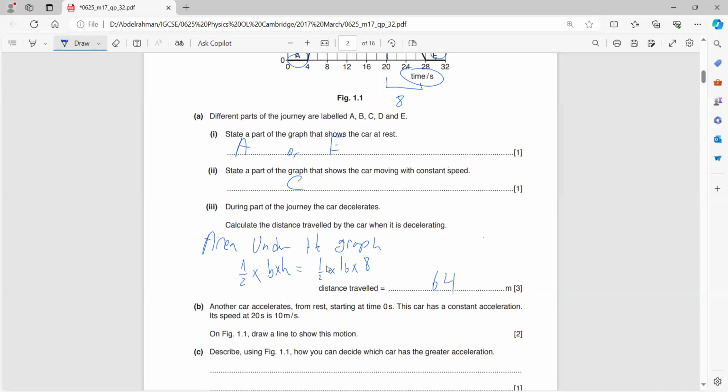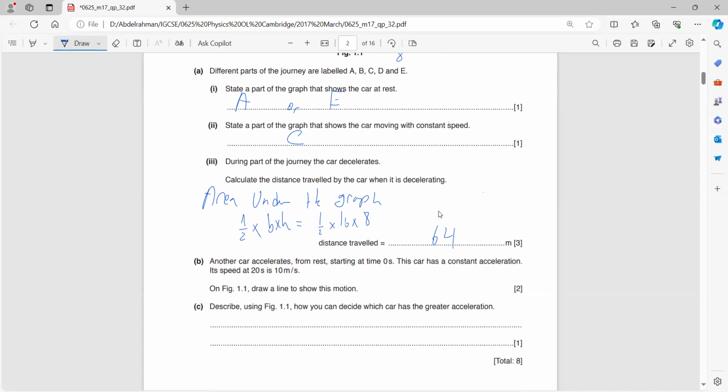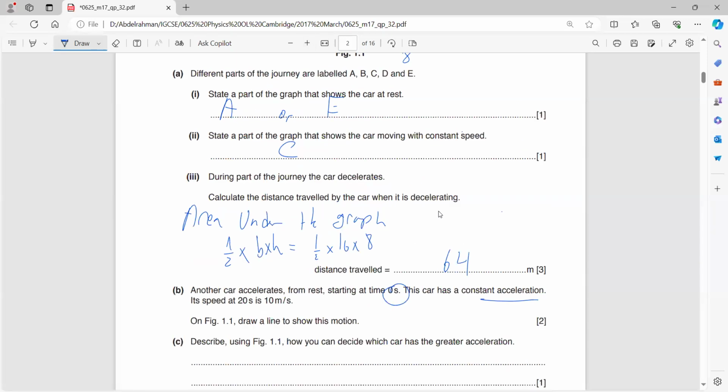Correct. Another car accelerates from rest starting at time 0. The car has a constant acceleration. Its speed at 20 seconds is 10 meters per second.